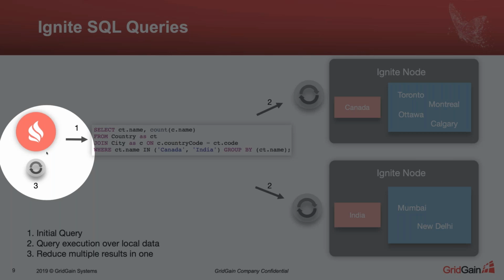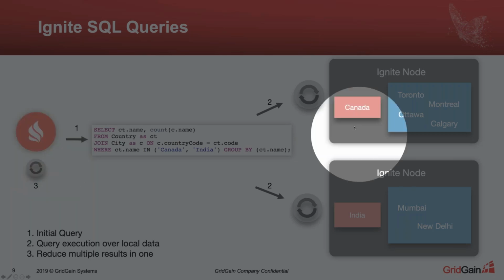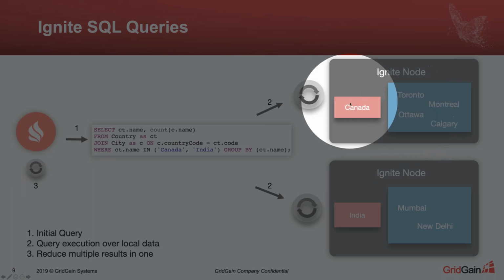It's when you define a special relation rule between your data. Here we see that all the Canadian cities are stored on the same machine where the Canada record is.